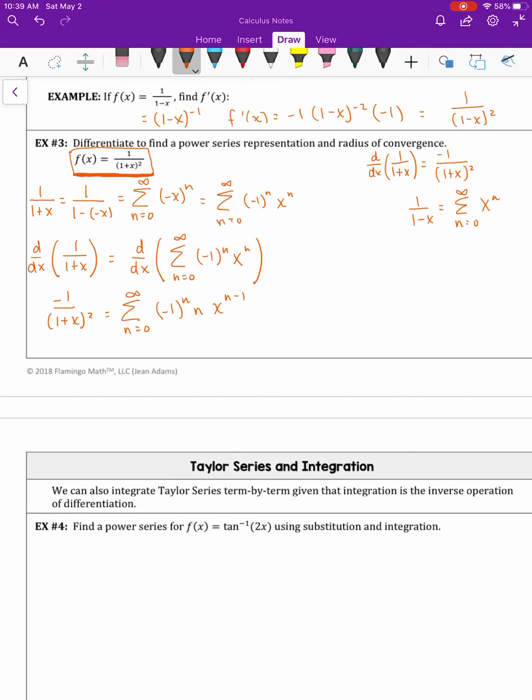Now, to get 1 over 1 plus x, we're going to multiply by a negative. So if we multiply both sides by a negative, I've got a negative 1 coming in, getting multiplied there.